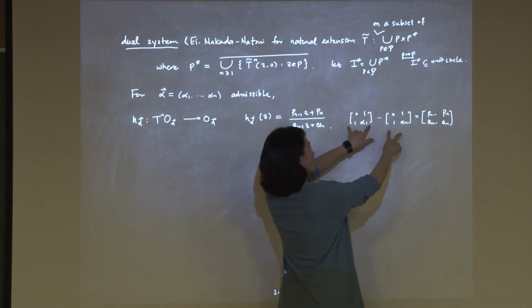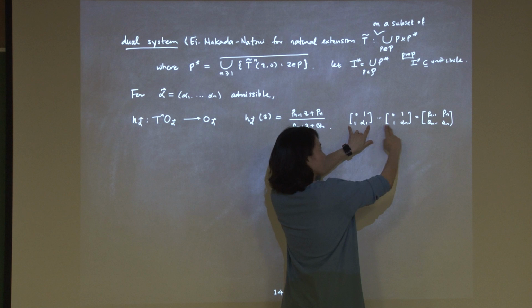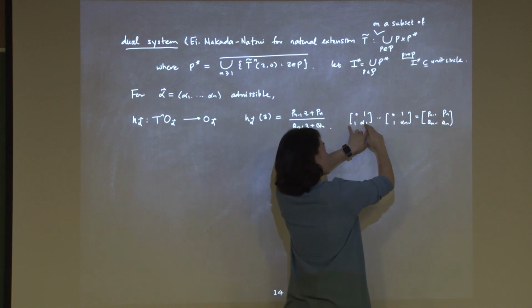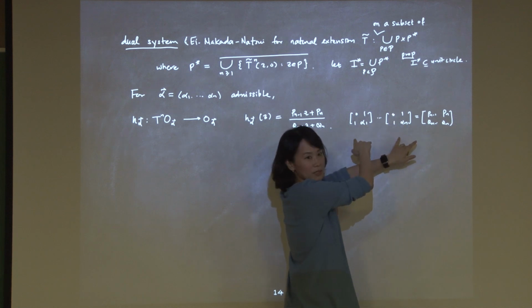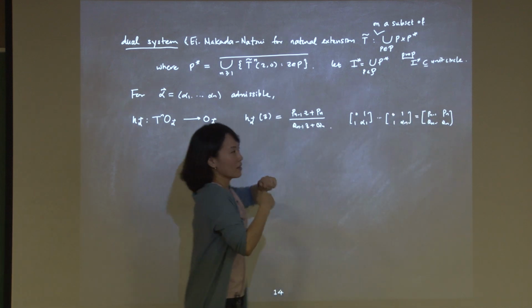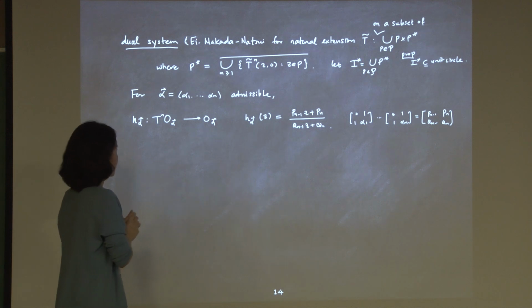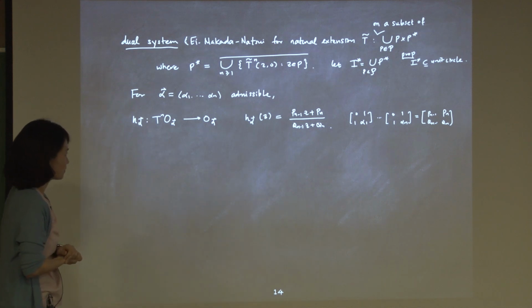If you have alpha 1 to alpha n, you multiply them, you get the principal convergent, right? So instead, you reverse the order, and then you get the rational that corresponds to a point in the dual of P, P star.